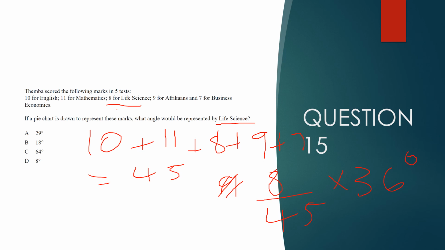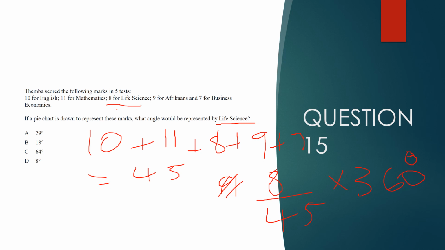Why are we multiplying by 360 degrees? We're multiplying by 360 degrees because we are taking it into angles. When we are taking it into percentages, we multiply by 100.